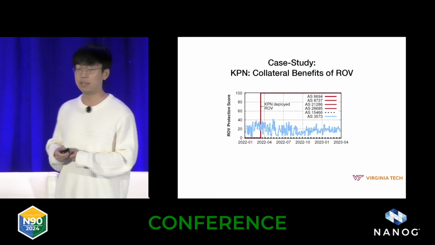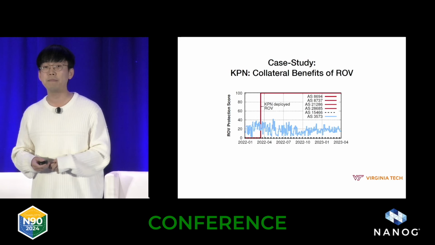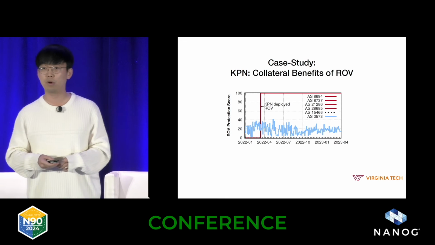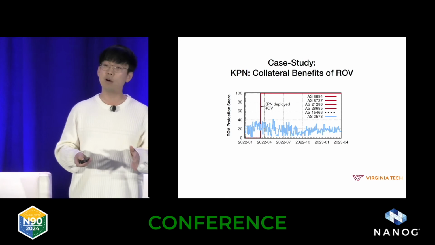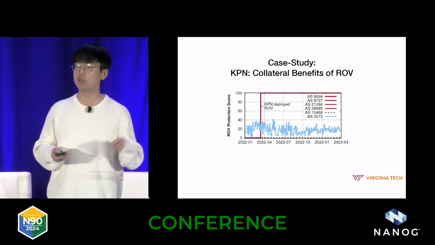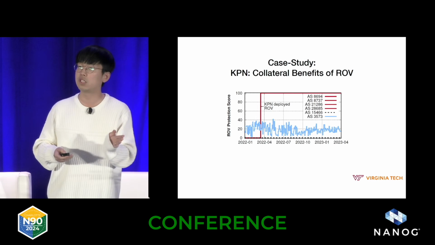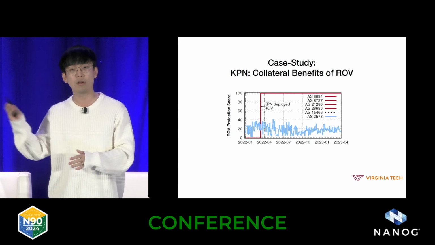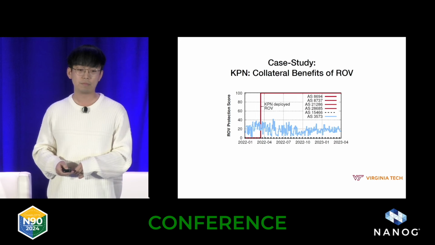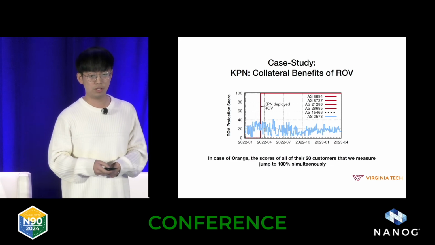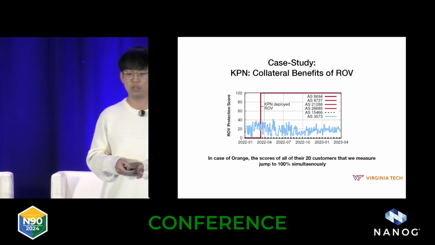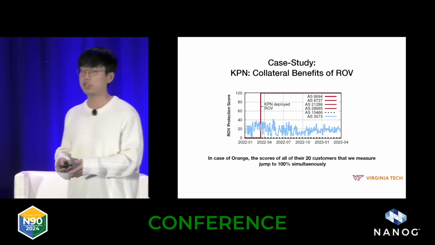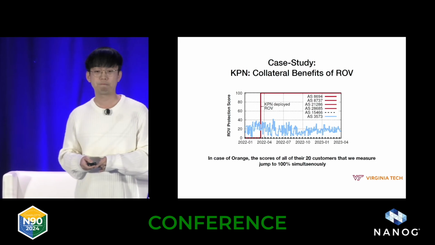However, 2 ASes stayed the same. Using RIPE Atlas probes, we found that they can still reach the invalid prefixes using alternative routes through other upstream providers. In the case of Orange, the scores of all of their customers we measured jumped to 100% simultaneously.